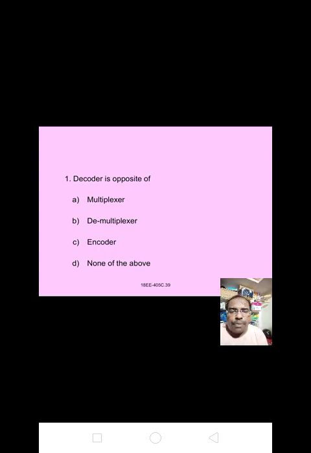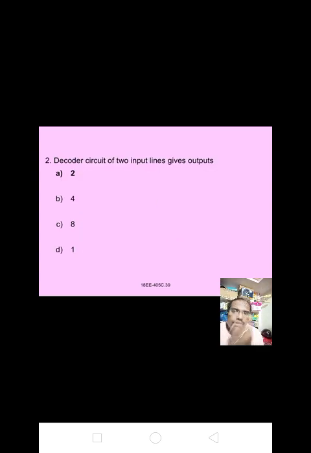Decoder is the opposite of A, multiplexer, B, demultiplexer, C, encoder, D, none of the above. By clearly viewing this, we get that decoder is the opposite of C, that is encoder. Answer is C, encoder.